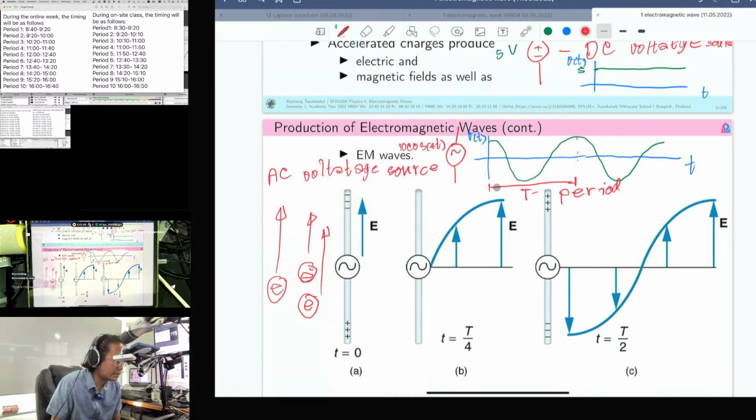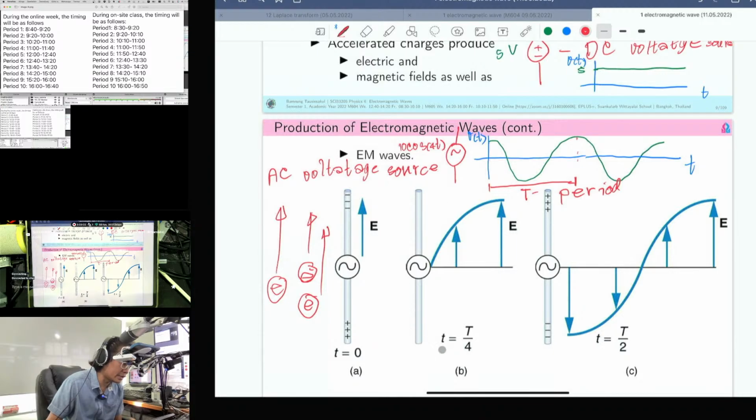And if you let the wave go by a period divided by 4, you would see that the voltage reaches 0. Once the voltage reaches 0, it means there isn't enough ability to force electrons to be here at all. Electrons will return to the original point, and at both ends we are in a neutral situation.